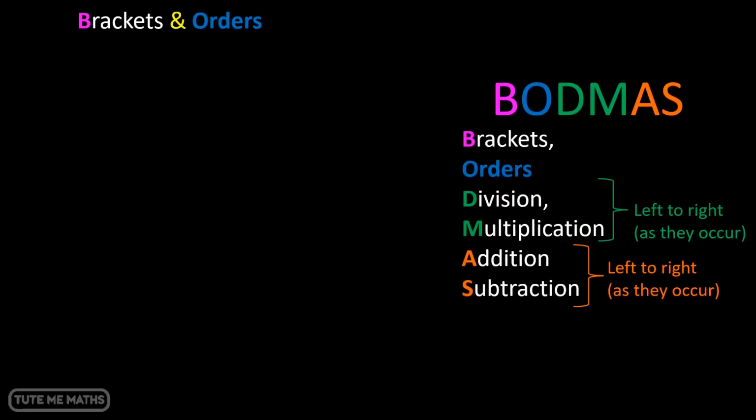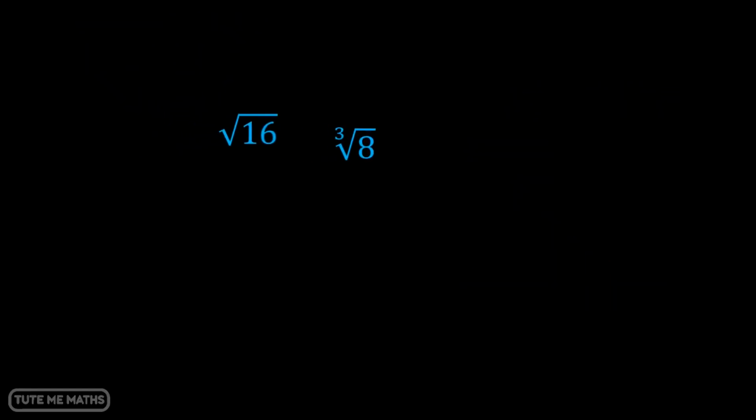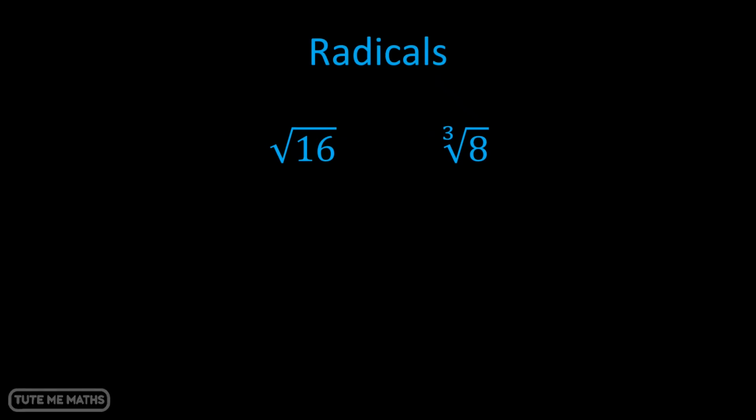These special notations form part of our first two steps in the order of operations. It's not just brackets and powers that form groupings and orders. Square roots, cube roots and so on are also orders, and in fact they can be expressed as powers. Expressions like these are known as radicals, and the symbol is correctly named the radical symbol.